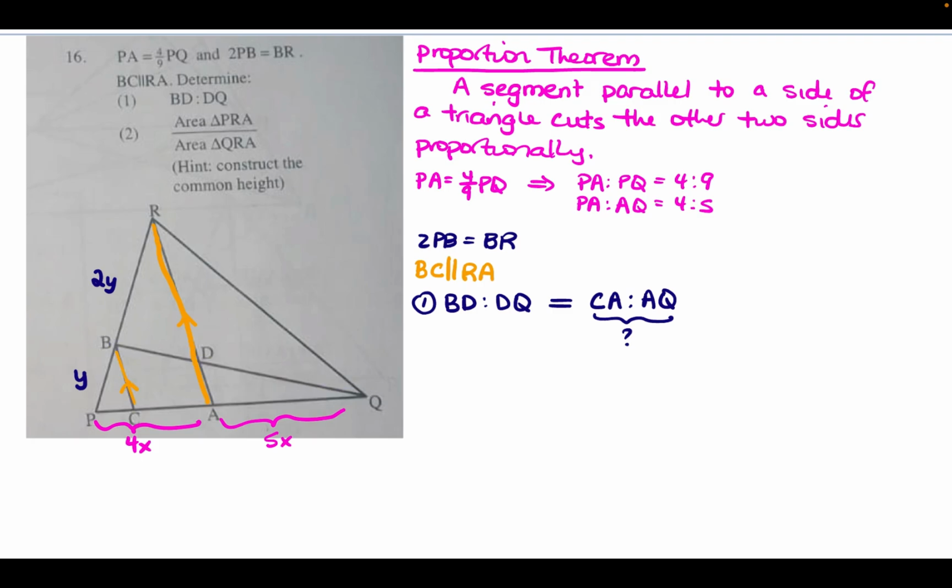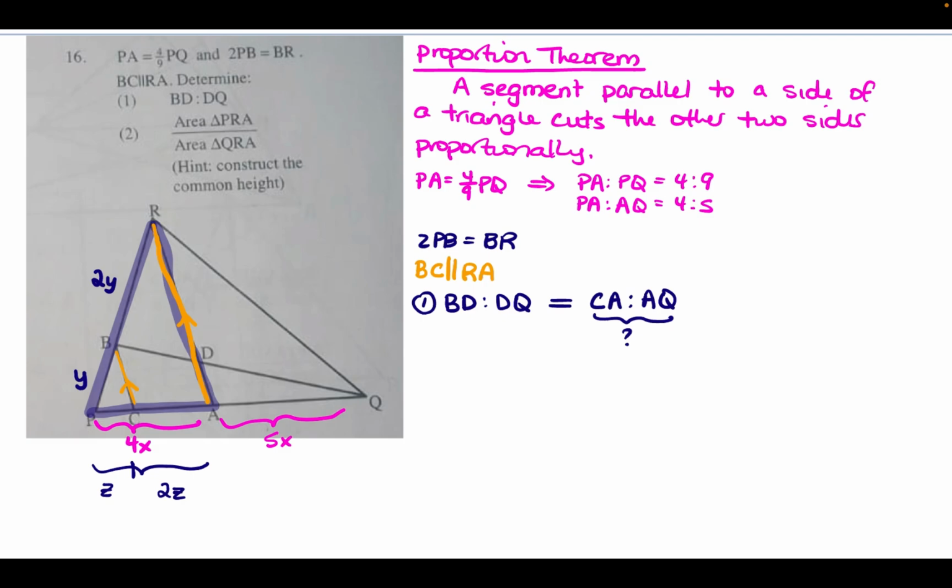So let's go to the triangle that might be helpful there and that we know something about, RPA, and look at this one. Now we notice that PA is split into a ratio of, we'll call it Z and 2Z, and all of that is equal to 4x.